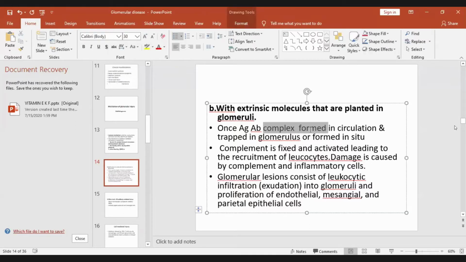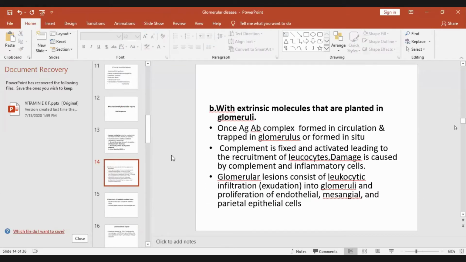Now once antigen and antibody complexes are formed in situ or circulating and deposited in the glomerulus, complement is fixed there and activated, and then it leads to recruitment of leukocytes. The damage to the glomerulus is caused by the complement and inflammatory cells, like any other place. In any immune complex disease, the same mechanism is there.